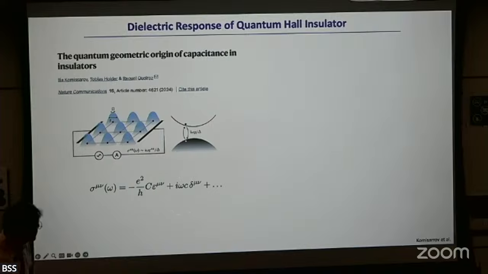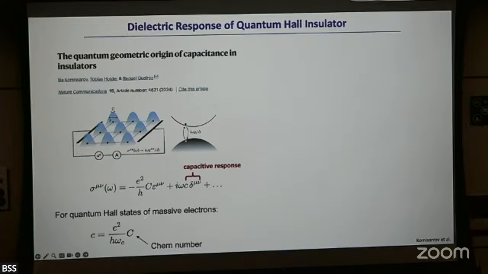If we call this capacitance, the theory expects that the capacitance you obtain is related back to the Chern number. In fact, that type of argument can be nicely presented in terms of quantum geometric arguments, which is the main part of this paper.